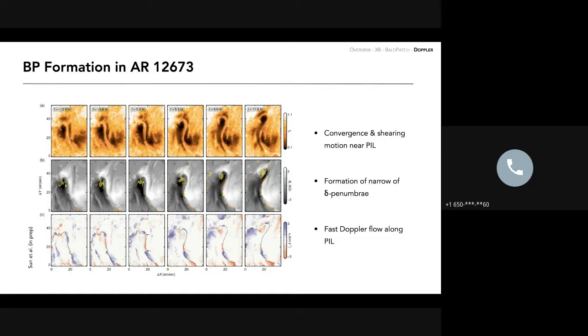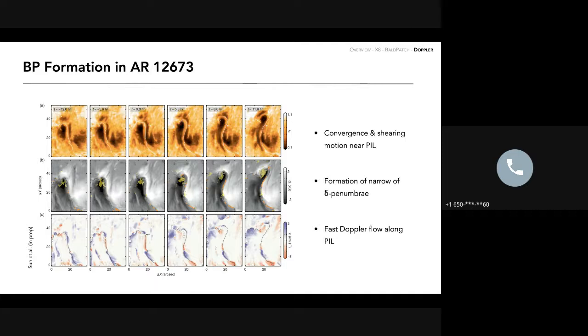So I think what is unique about this region is that over about 1 day, the top panel is HMI continuum. You see this active region, the two sides actually squeeze towards each other, and it rotates somewhat clockwise and forms this S-shaped neutral line. At the same time, in the middle panel, this is a vertical magnetic field.